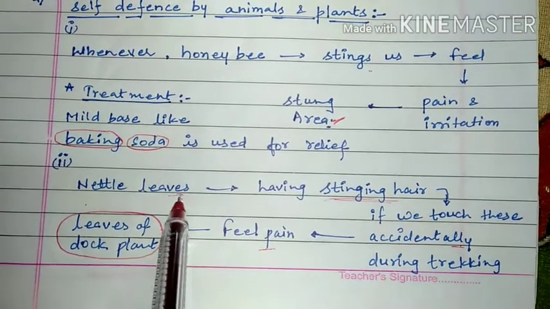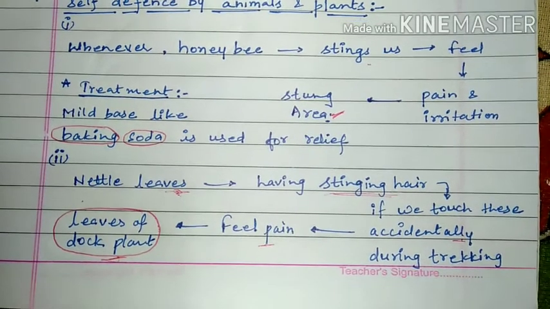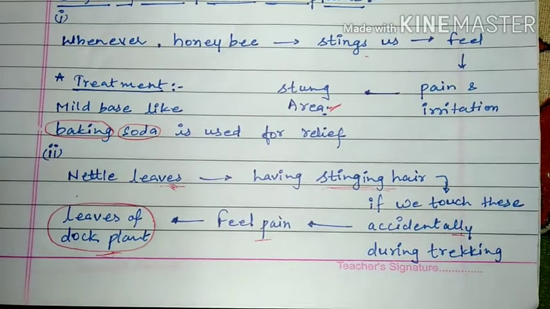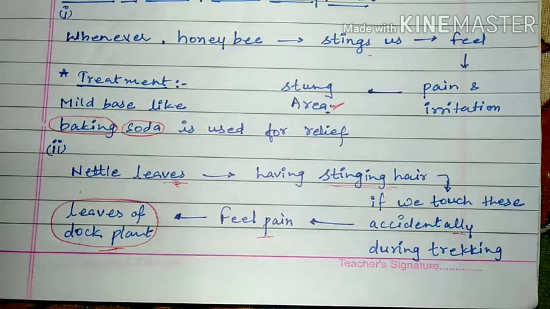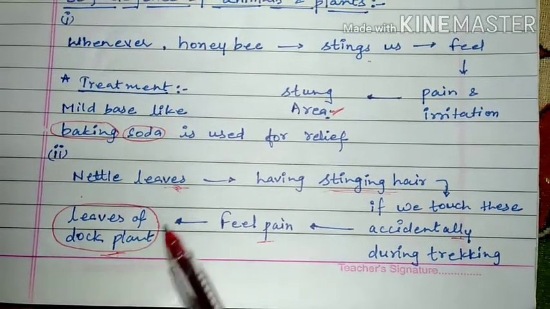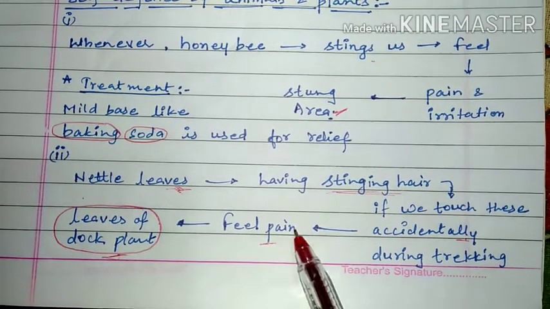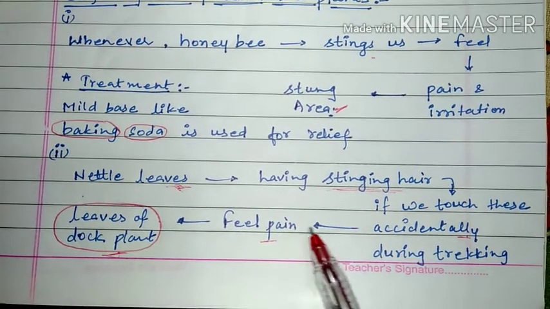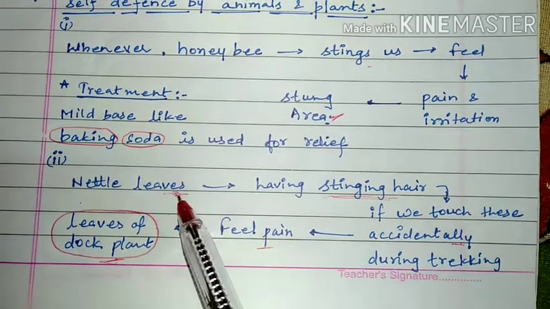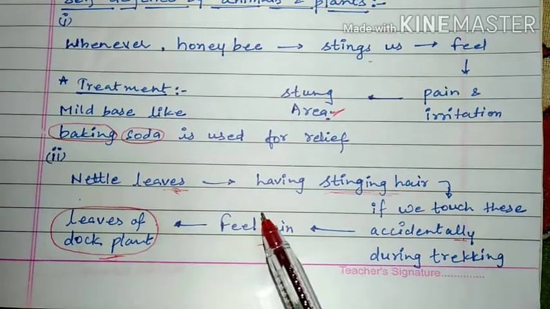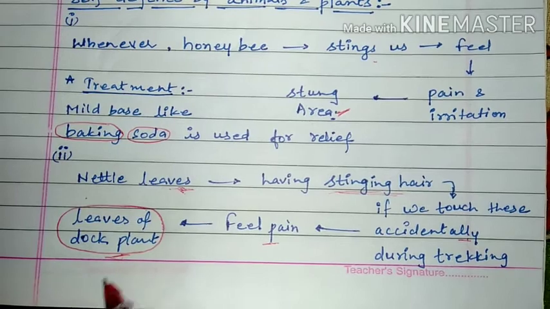Near this plant, mostly another plant is found, that is the dock plant. So we can use the leaf of the dock plant. Students, you can guess the nature of the leaves of the dock plant: because we are feeling pain, the nettle leaves are releasing acid. So you can understand that if the nettle plant is acidic in nature, we get relief from the dock plant.